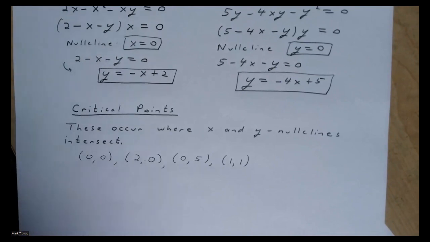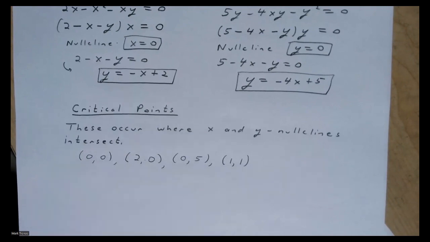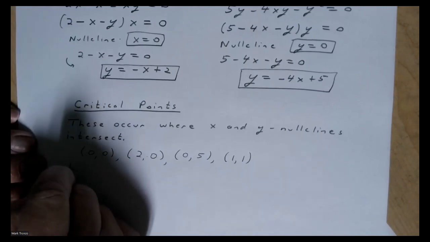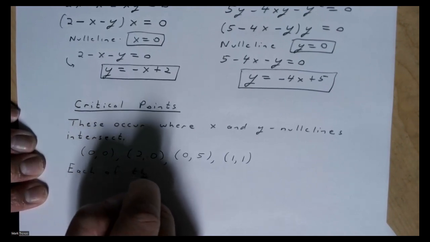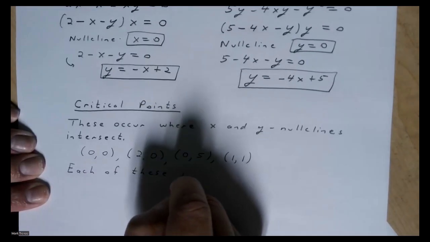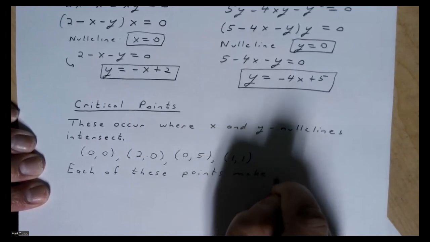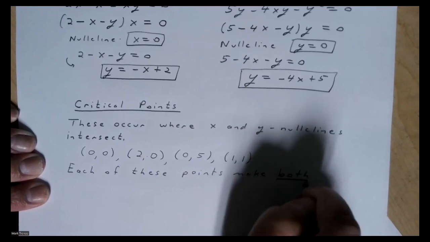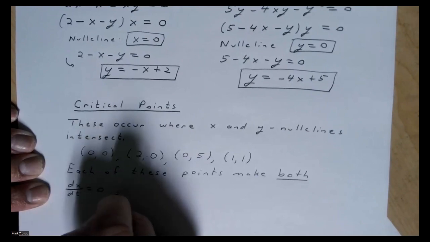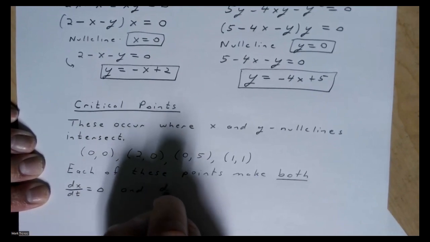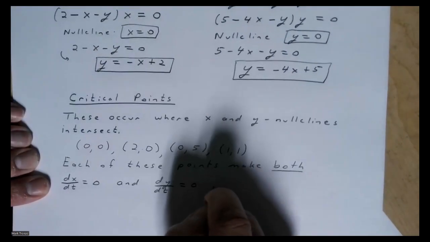Now the critical points make both dx/dt and dy/dt 0 at the same time.